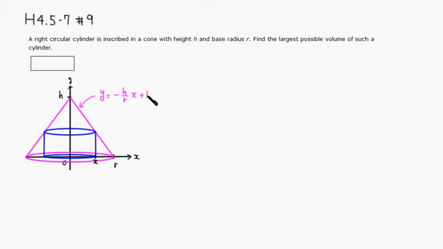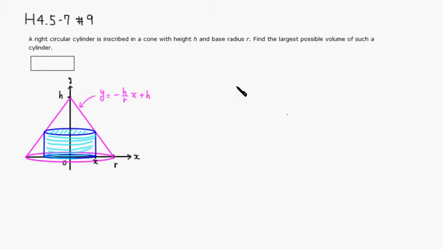So this is the equation. What we can do is set up an equation for the volume of this circular cylinder, this cylinder inside. So let's try to find that.